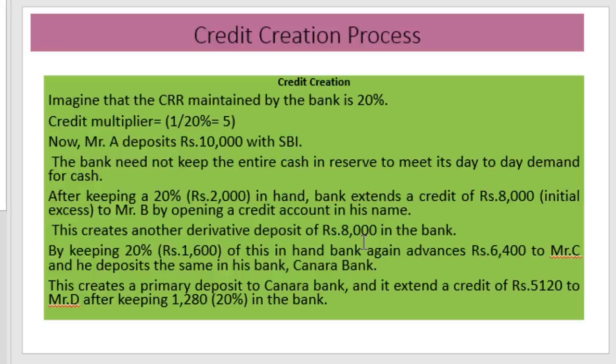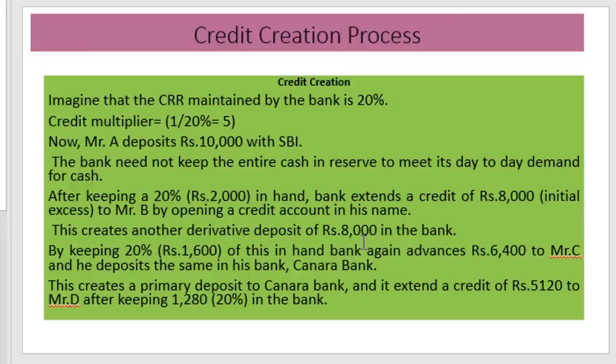The amount deposited by the bank is known as the derivative deposit. And this creates another derivative deposit of 8,000. The bank creates a derivative deposit of 8,000, and by keeping 20% of this derivative deposit, that is 8,000 into 20%, that is 1,600, of this amount in cash, the rest can be given to somebody else as a loan.